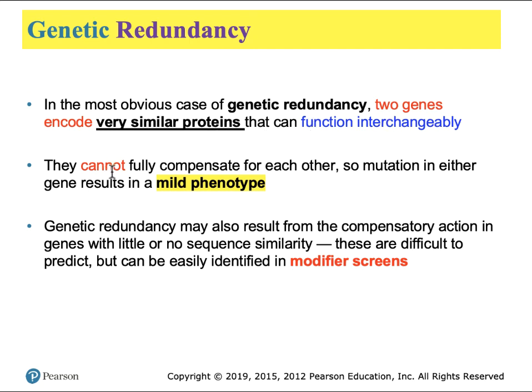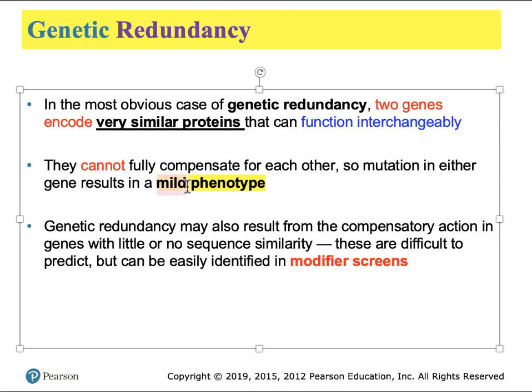They can't fully compensate for each other, so that the mutation is either 50% or some percentage of the original. And the outcome is a mild phenotype. Now that all depends on how similar they are. If they're very similar, then the mild phenotype may be very mild.